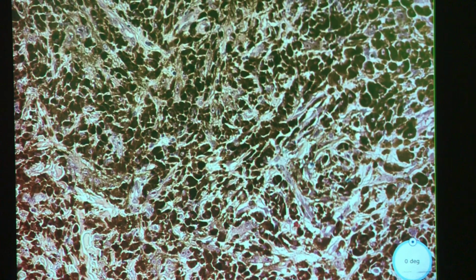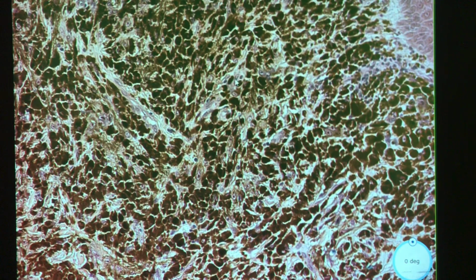I don't know how much we'll be able to comment on the cells themselves, but some of them look maybe a little elongated. These ones that are larger and round are probably macrophages that have picked up pigment, because these long, slender cells and maybe these round ones, these are the actual cells of interest.